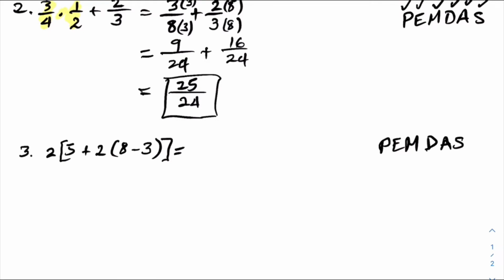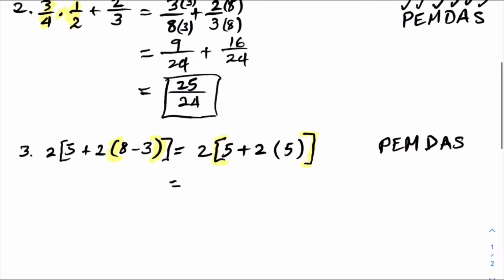So in this problem, there are parentheses, and we will start there. Everything else stays the same. Plus, so 8 minus 3 is 5. And within the bracket, again, a bracket is considered a type of parentheses. Here I'm going to work on another PEMDAS within the bracket.